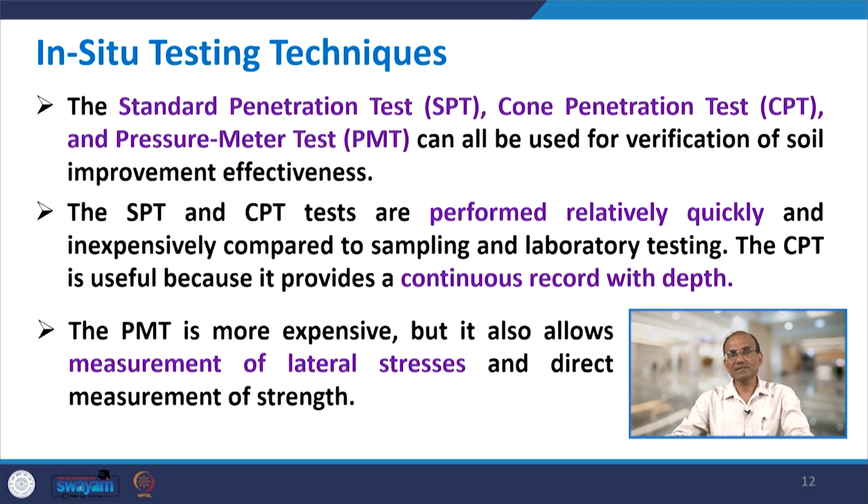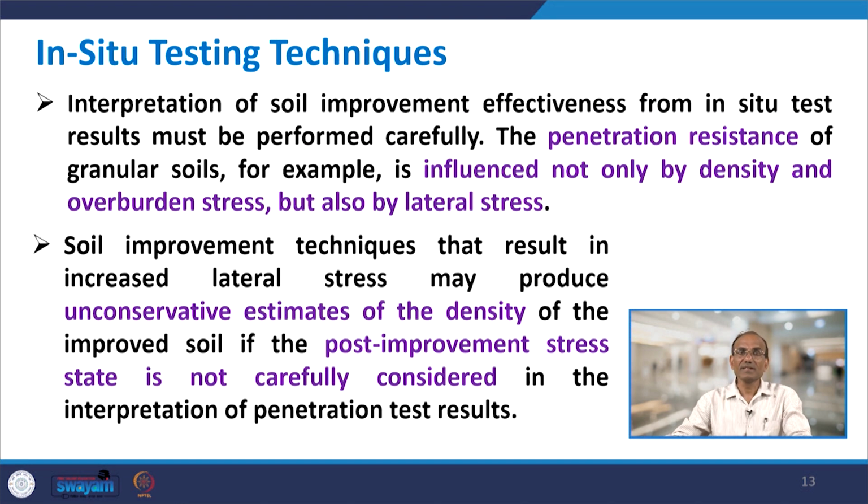So, compared to SPT and CPT, PMT is expensive, but it provides the measurement of lateral stresses in a better way. Interpretation of soil improvement effectiveness from in situ test results must be performed carefully. The penetration resistance of granular soil, for example, is influenced not only by density and overburden stress, but also by lateral stress.